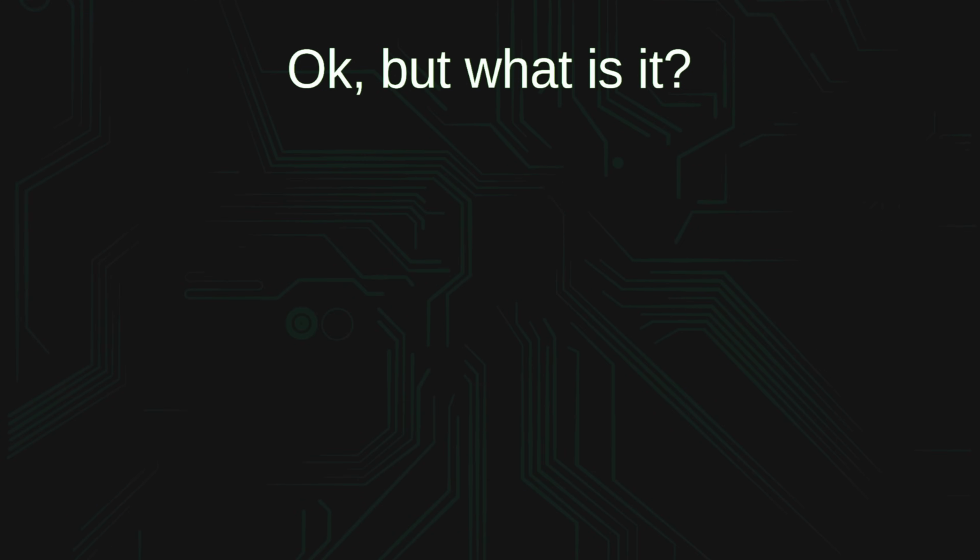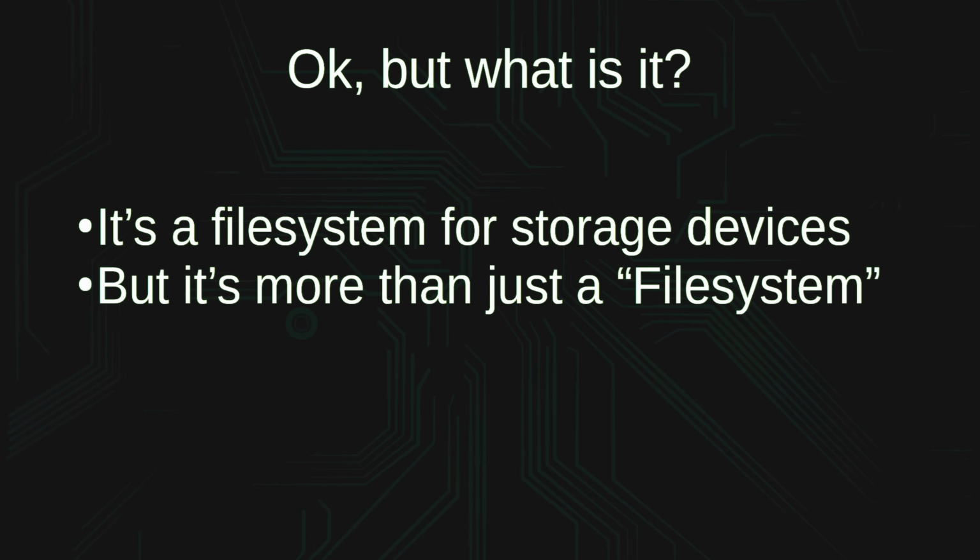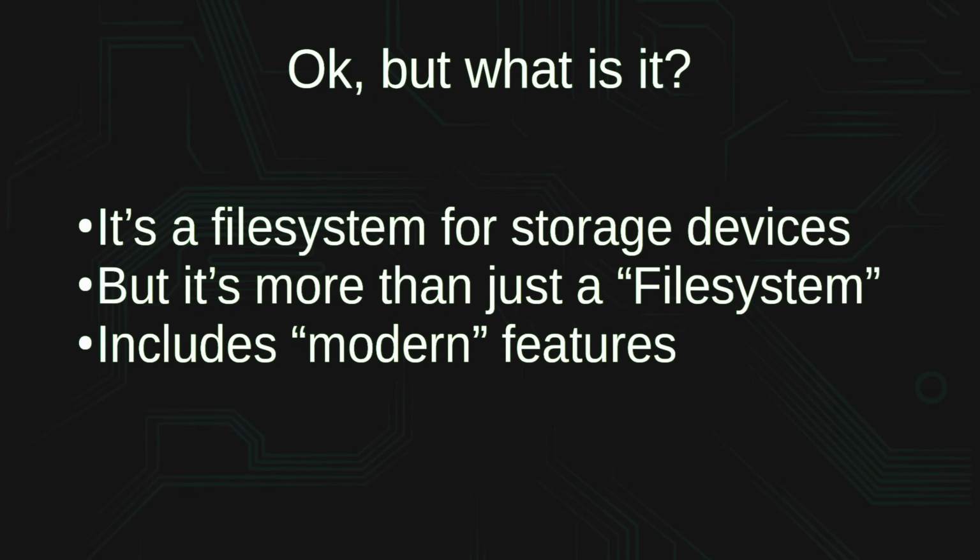Well, I've already mentioned that it's a file system, so you already know at least that so far. However, it's not a simple file system, at least not in the common sense. Historically, file systems have existed as a means to define how data is stored on storage volumes. And many file systems actually stop right there and do nothing more than that. Btrfs is more of a modern take on the concept of a file system.